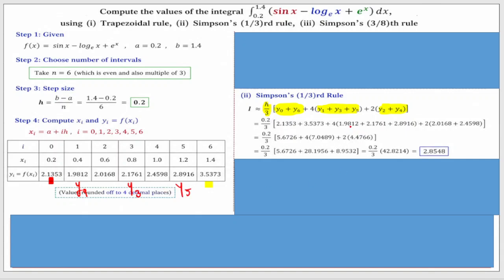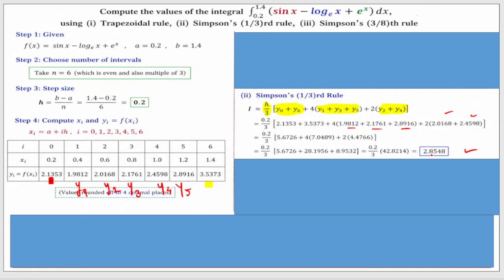So 4 times (y1, y3, and y5) plus 2 times the even ones, which are y2 and y4. Just enter the correct values and use the formula, and the answer is 2.8548 by using Simpson's 1/3 rule.